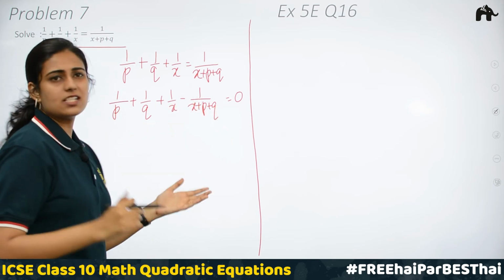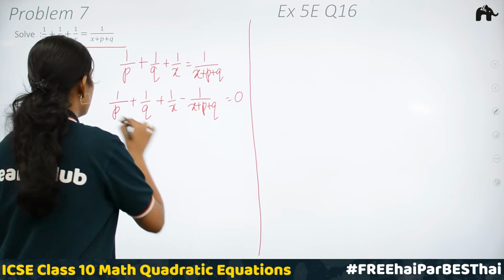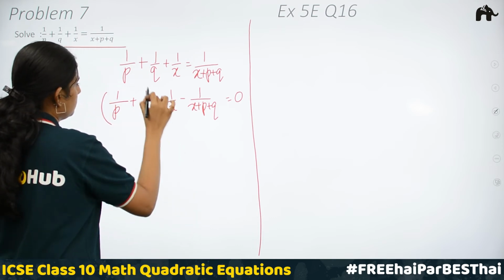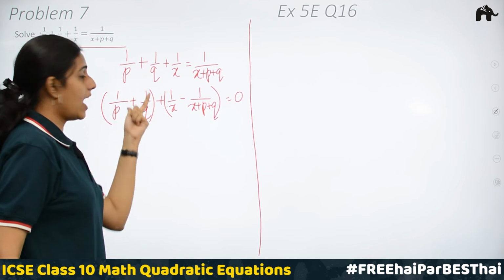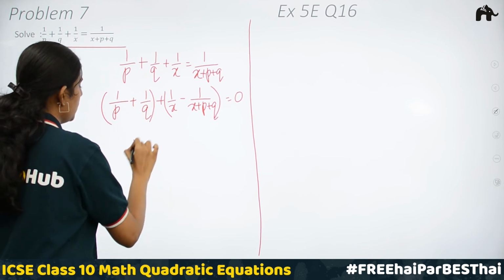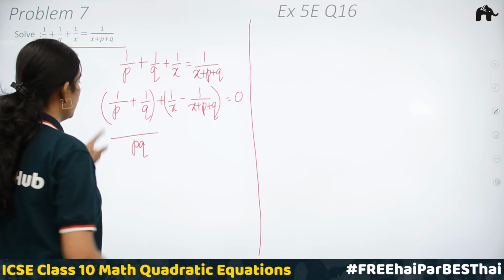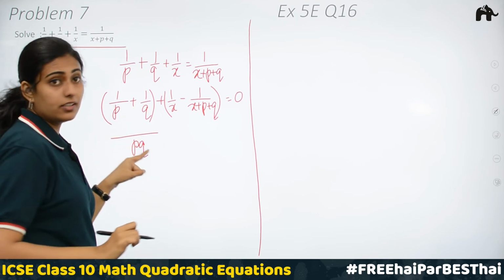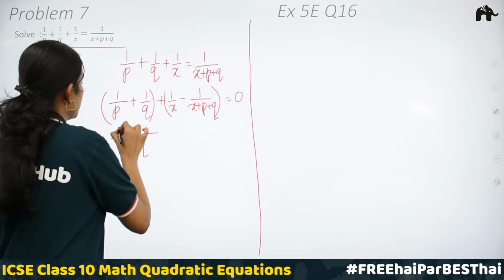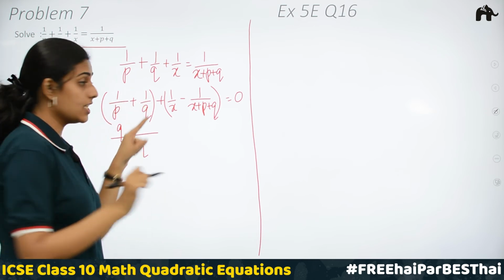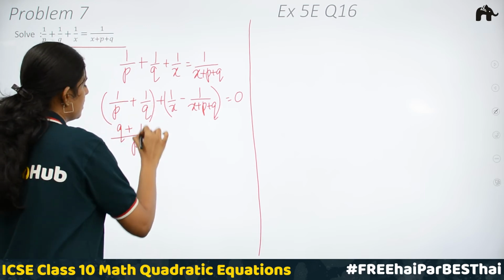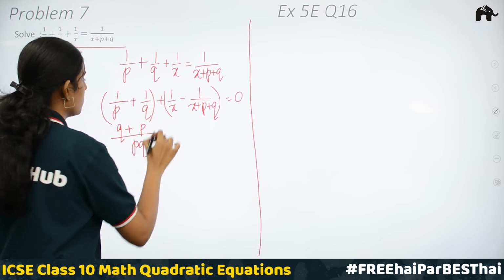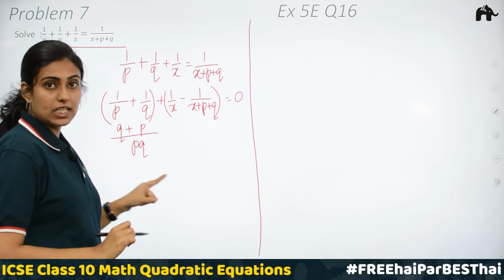To just decrease the number of steps, when I take this part, that is 1 by p and 1 by q, the LCM is pq. Here we have p, then we will be getting q into 1 in the numerator. Here we have q, that is, we will be getting p here. Q plus p divided by pq.